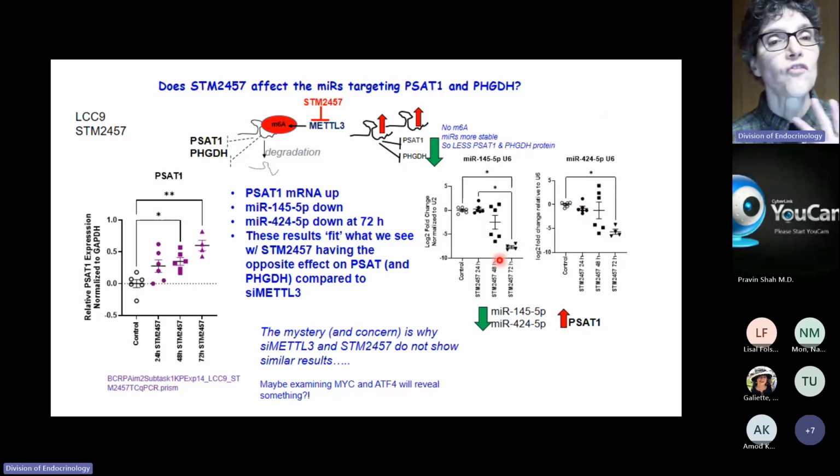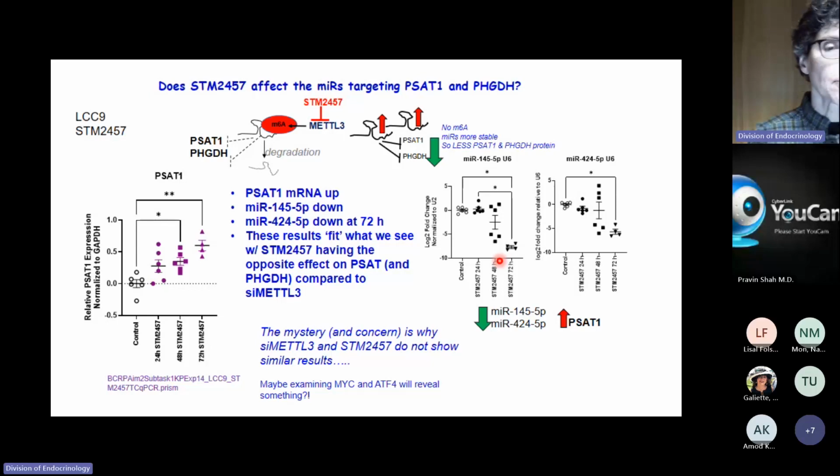So these results fit what we see with STM2457 having the opposite effect on PSAT1 and PHGDH compared to SI metal-3. So we have a mystery and a concern. Why are SI metal-3 and STM2457 having opposite effects on microRNA and their targets PSAT1 and PHGDH?